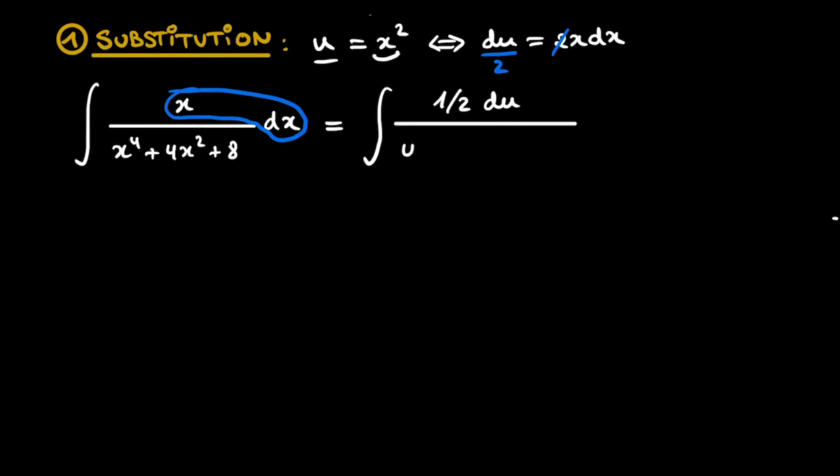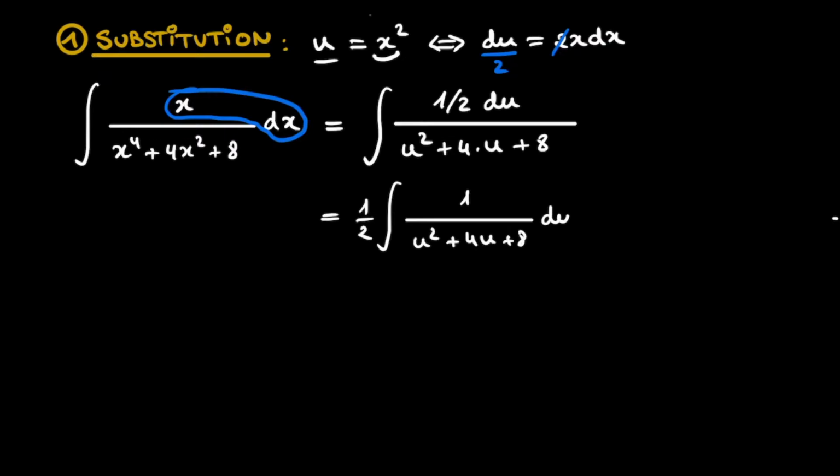So x to the power of 4 becomes u squared, plus 4 times x squared simply becomes 4 times u plus 8. And we can rewrite this even further to get 1/2 times the integral of 1 divided by u squared plus 4u plus 8 du.